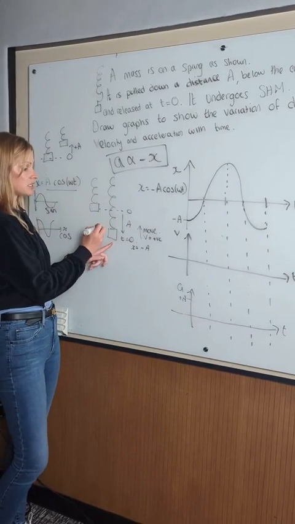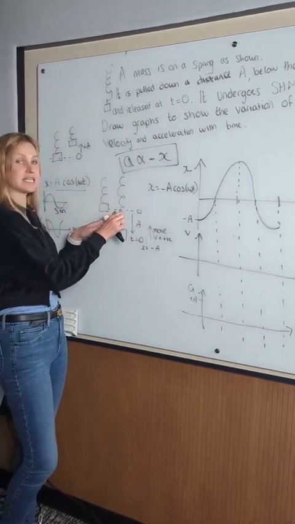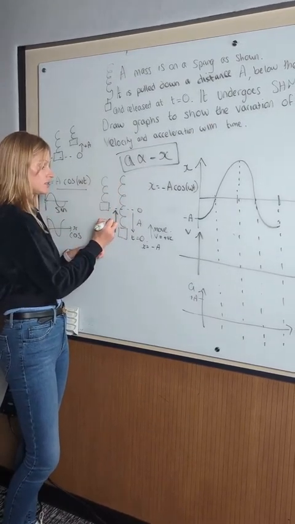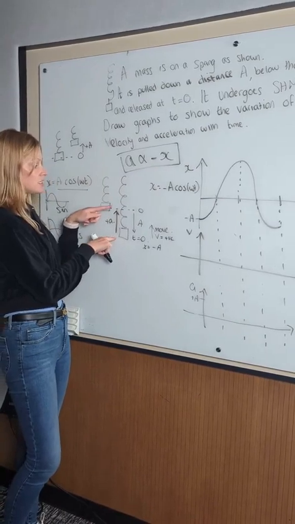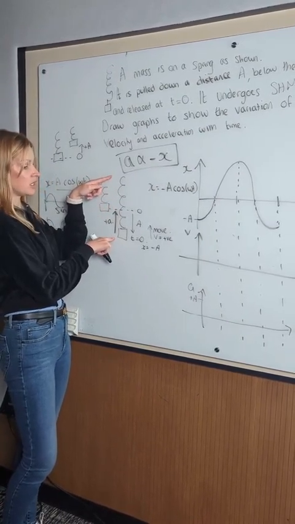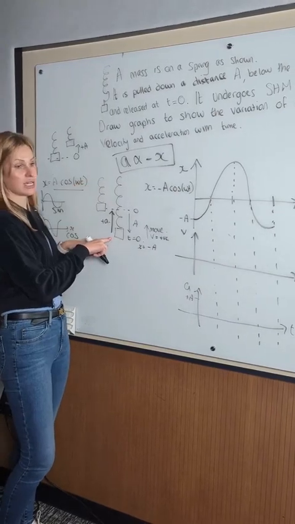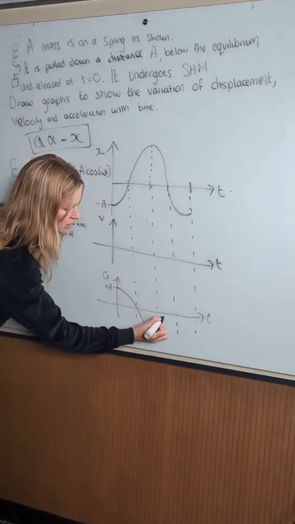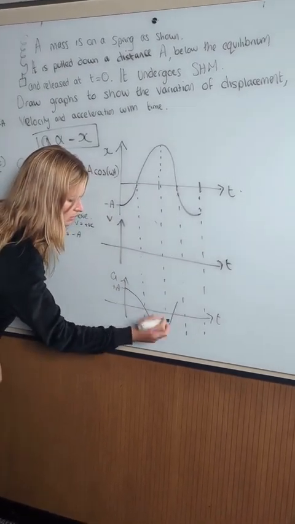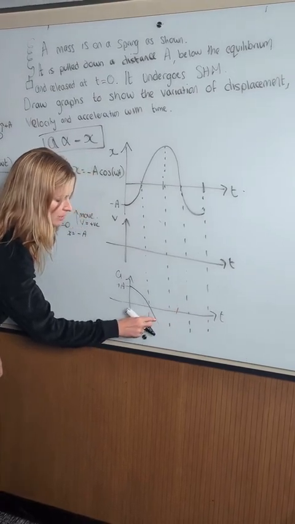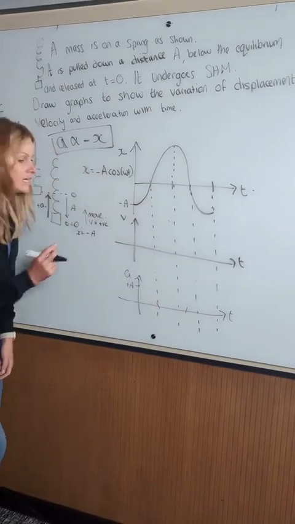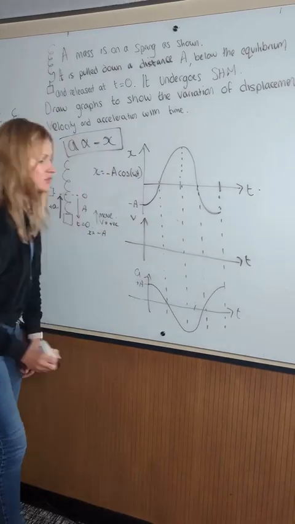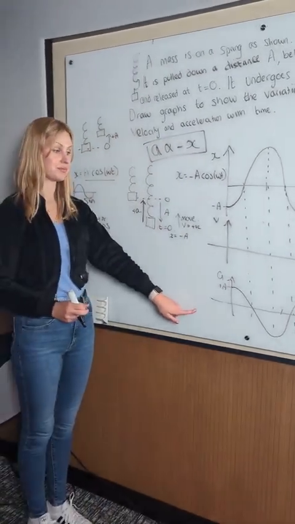That makes sense because it wants to get accelerated towards its equilibrium position, which is the upwards direction. That's why it's positive a. Then it keeps accelerating upwards in the positive direction, and then it comes back down again. So I'm going to sketch my graph, which is going to look like this. So that's my acceleration time graph.